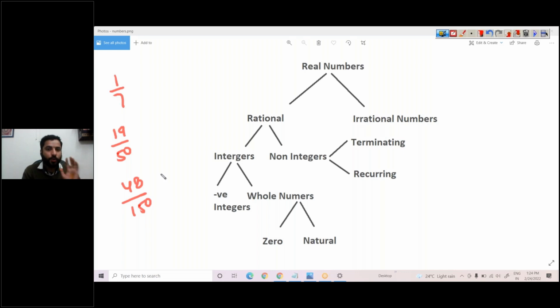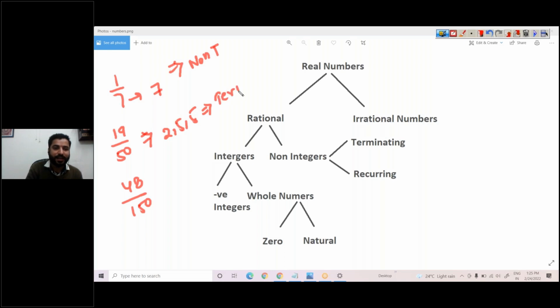Any number whose denominator factors are only 2 and 5 can be known as terminating. For example, in 1 by 7, the factor is only 7. That means it is not 2 and 5, so we may get non-terminating here. Then in 19 by 50, the factors are 2, 5 and 5. 2 fives are 10, 5 tens are 50. That means we have the factors only 2 and 5. It means it is a terminating solution.